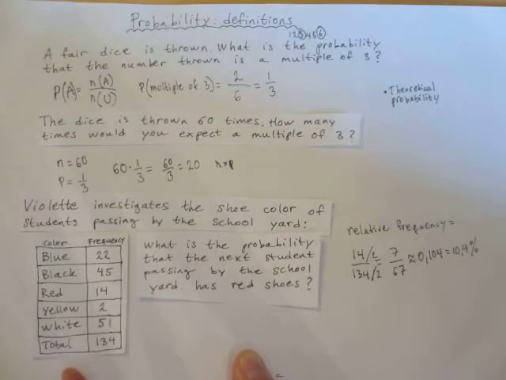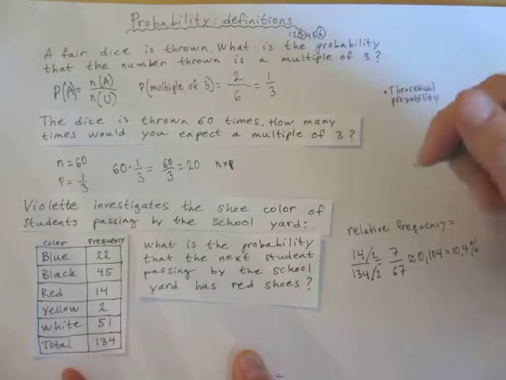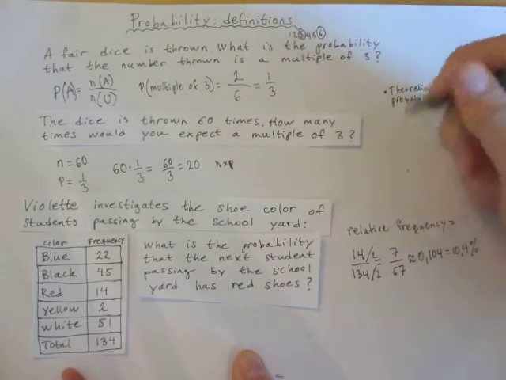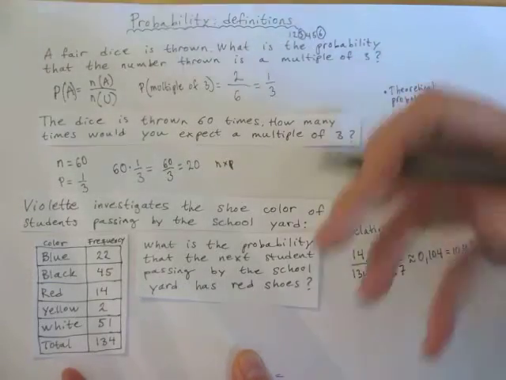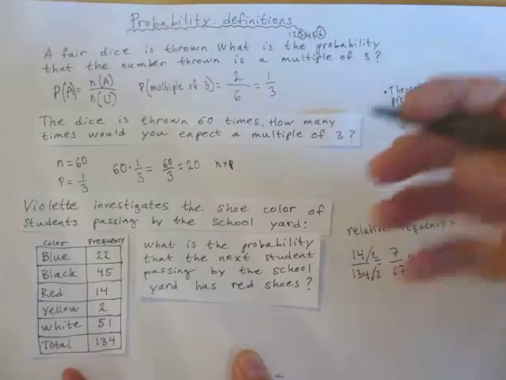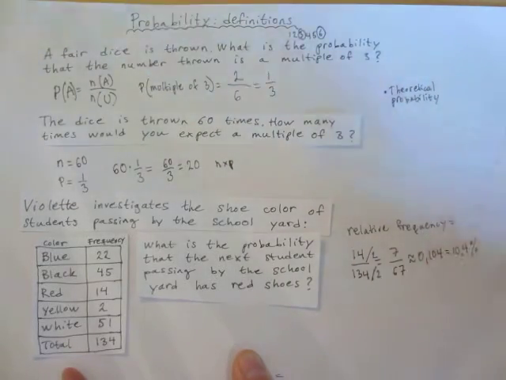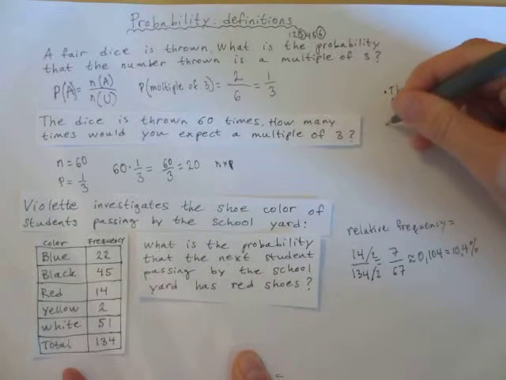And as I said, if we repeat this experiment the next day, we would probably get another relative frequency for red shoes, for example. But the larger the number of trials is, the closer the relative frequency gets to the probability, which is logical. Because if you just investigate a few students, then you don't get a very reliable result.